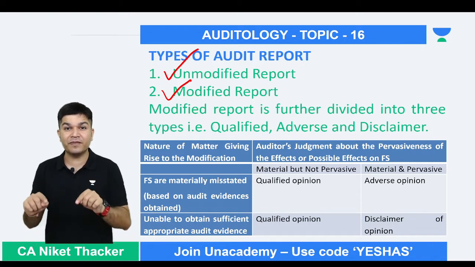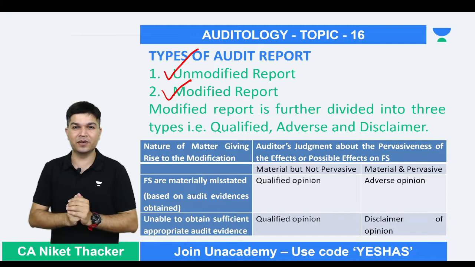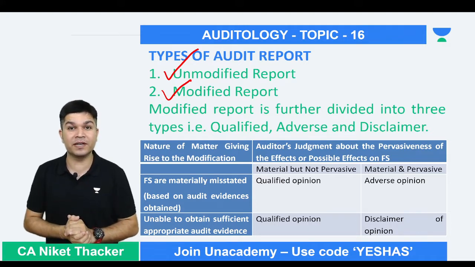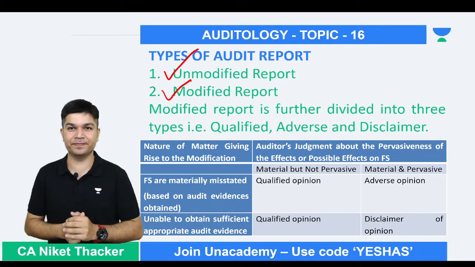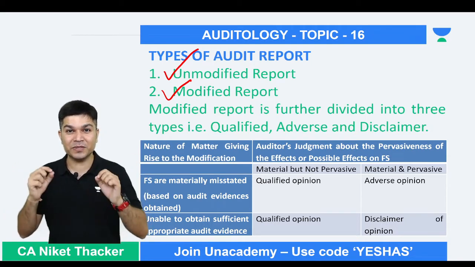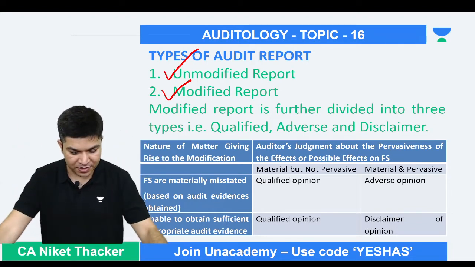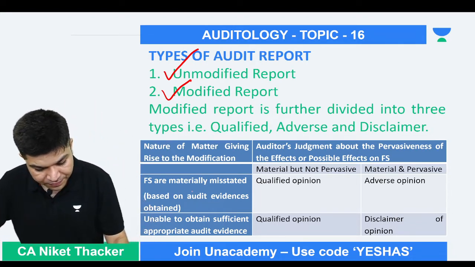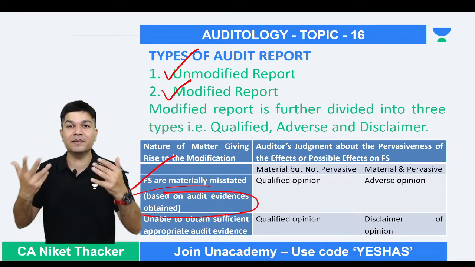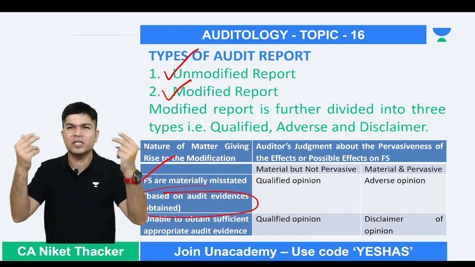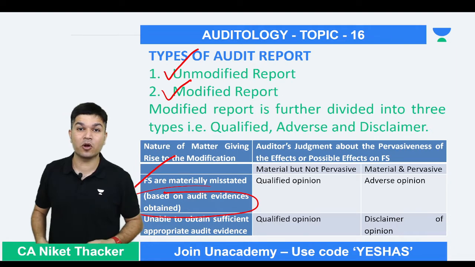Now, when do I give a modified report? I told you modified is divided in three parts: qualified, adverse, disclaimer. But before that, when to give a modified report? One, based on evidence obtained, you conclude the financial statements contain a material misstatement. Two, you are unable to obtain sufficient appropriate audit evidence.